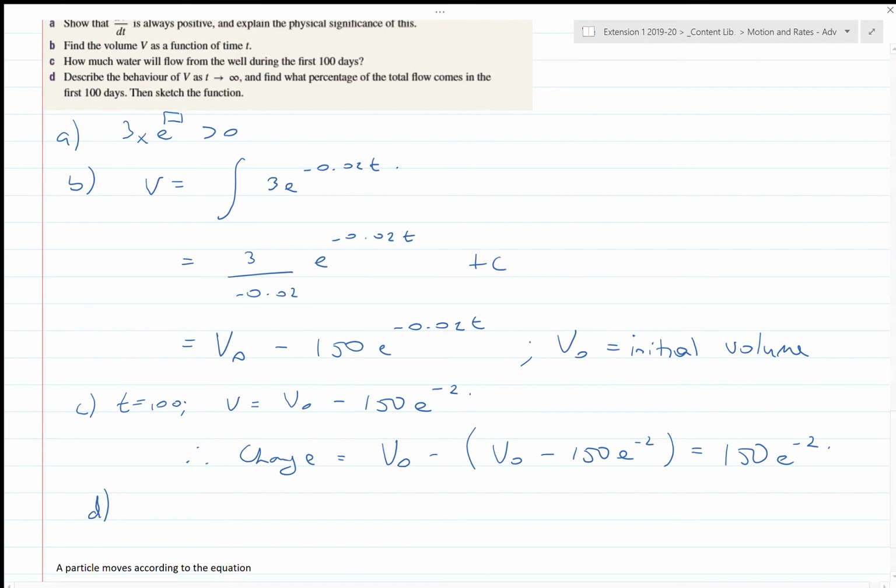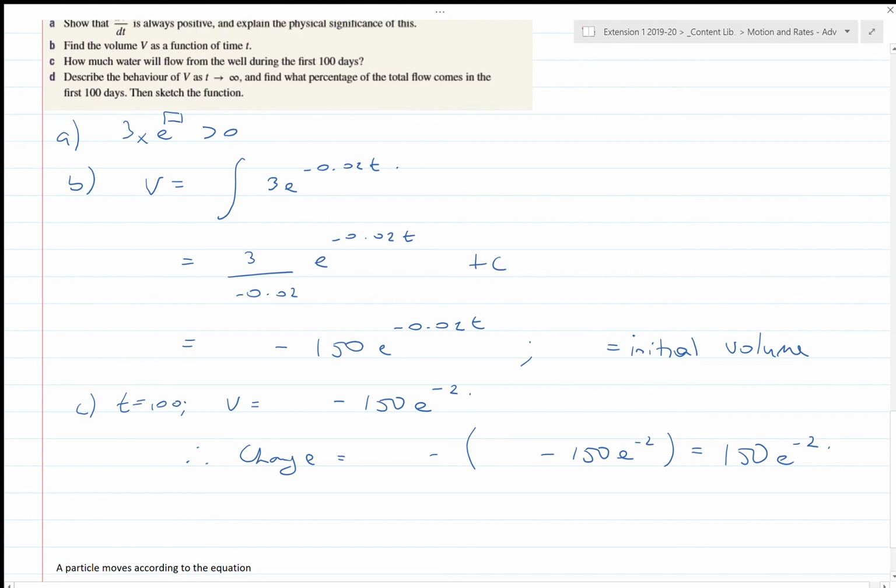So as t goes to infinity, what happens? Basically, v goes to the initial volume minus 150 times e to the negative infinity, which is 0. Oh, V0 is not the initial volume, I'm sorry. Here's where I was getting confused.